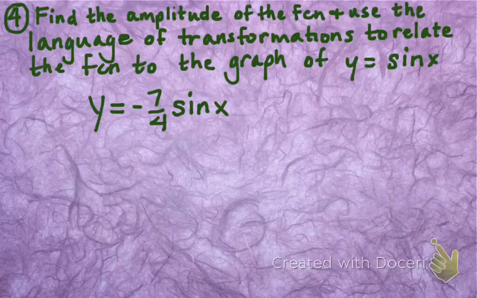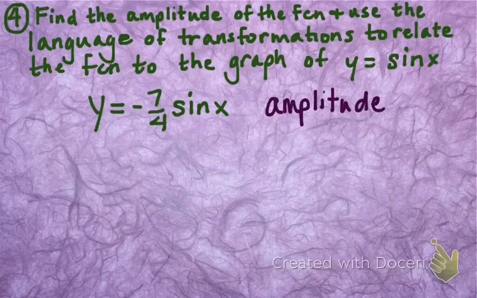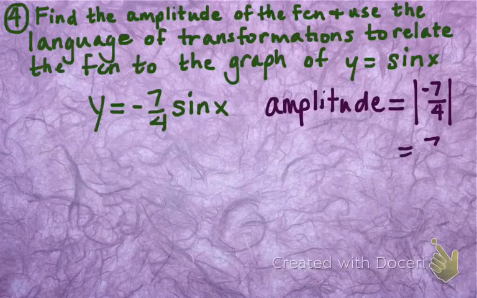The first thing it asks us to do is find the amplitude, which sets the height and depth of the peaks and valleys of these sinusoidal graphs, but it's the absolute value. You don't count the sign when you record the amplitude. So you write it as the absolute value of negative 7/4, which is 7/4.